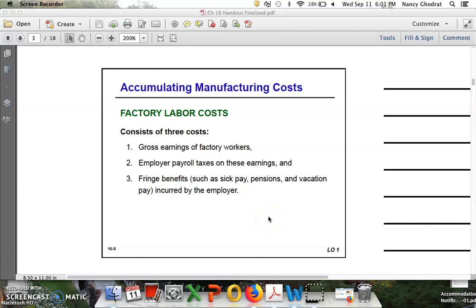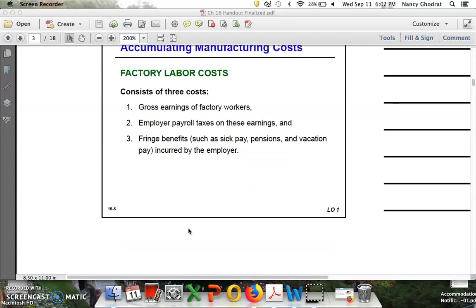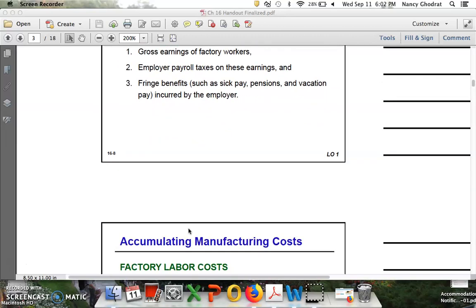Payroll taxes are, for example, Social Security tax and Medicare tax that the company has to pay for employing the factory labor, and also for unemployment. And the fringe benefits are anything such as sick pay, vacation pay that the company pays for having those employees. So therefore, the factory labor cost includes a couple of different components.